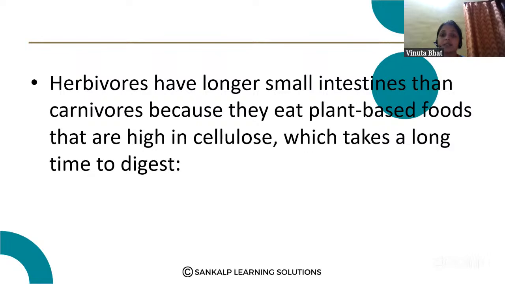These organisms eat plant based food which contains high cellulose, which takes a long time to digest. It requires more time to digest. Because of this reason they have the long small intestine compared to the carnivores. But carnivores do not eat plants directly. They eat the plant eating organisms, right? So their small intestine is short compared to the herbivores. Okay, that is the reason.